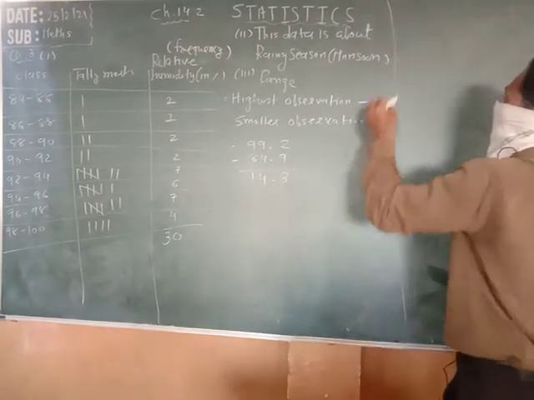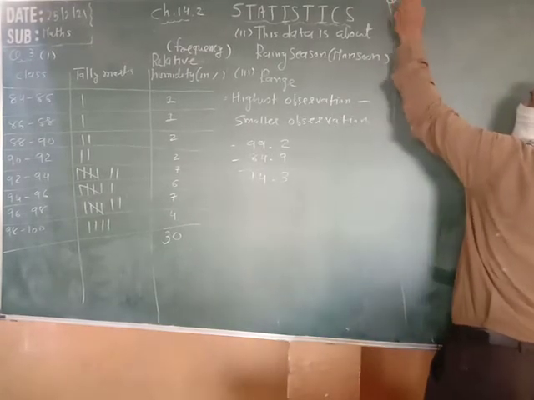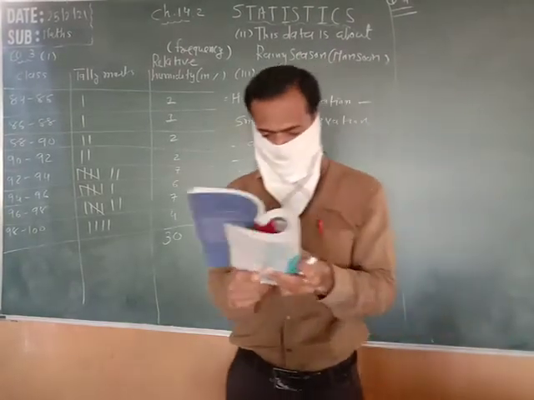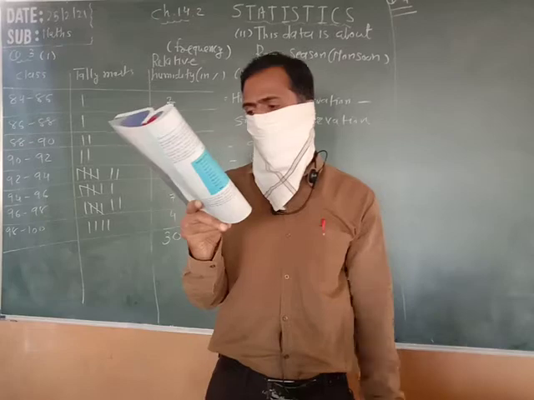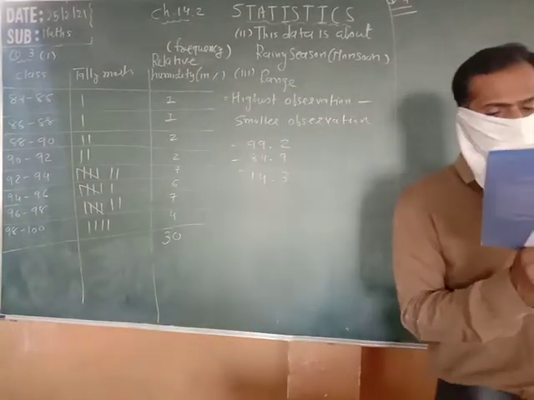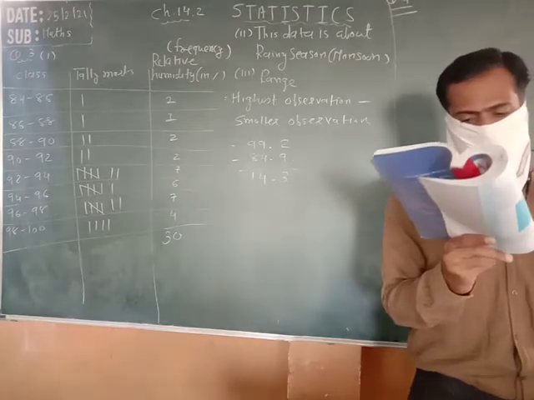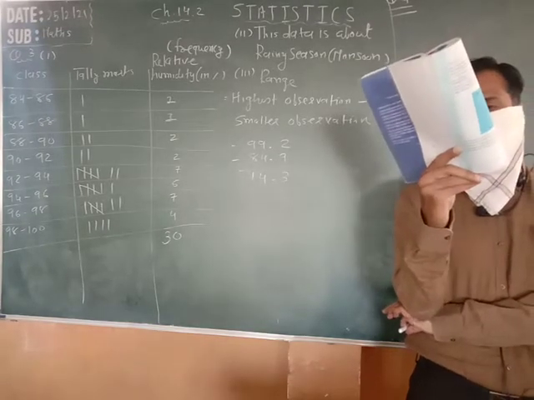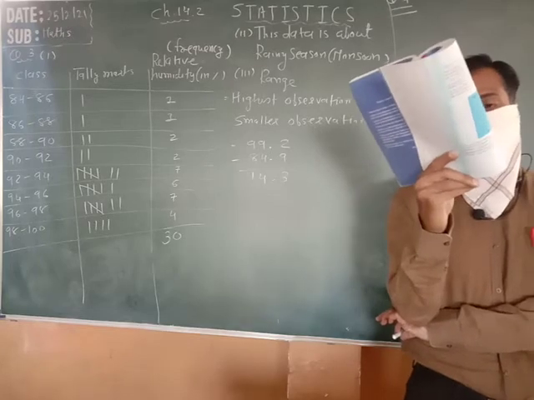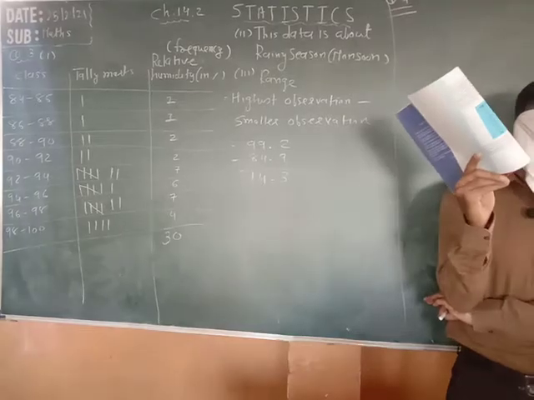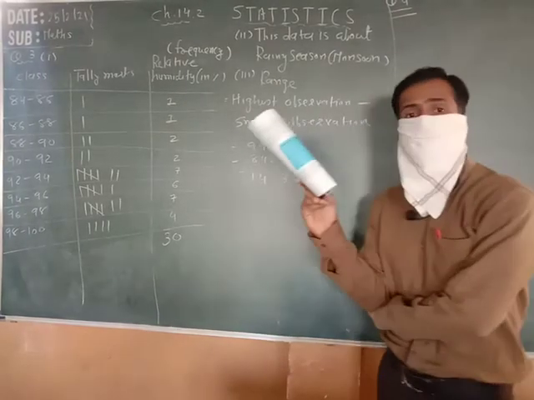We will do question number 4. The heights of 50 students measured to the nearest centimetre have been found to be as follows. Represent the data by a grouped frequency distribution table taking the class intervals 160 to 165, 165 to 170, and so on. Find the smallest observation from the data.